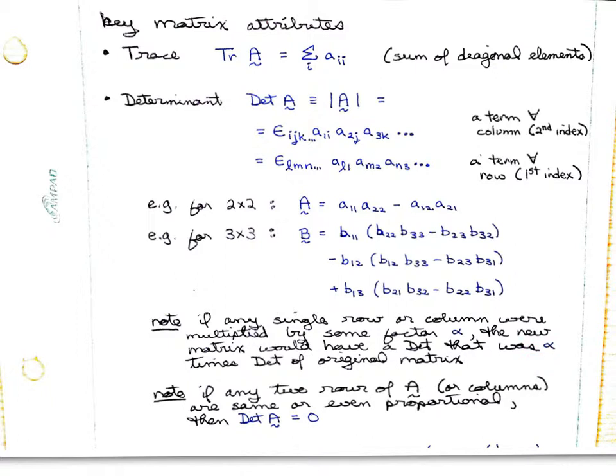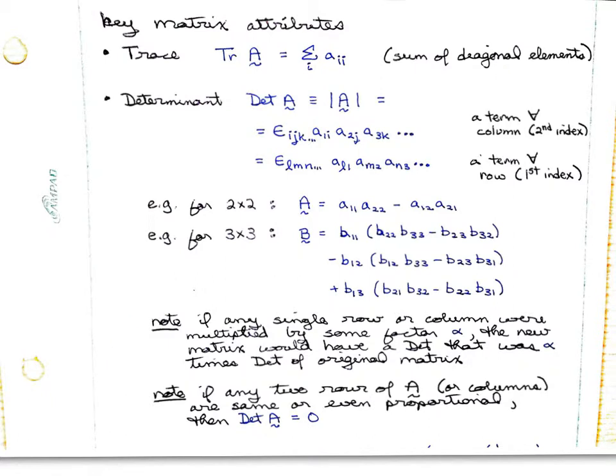And you can see that because in the epsilon, you would be multiplying one of these a's by alpha, but only one of them in each term would pick up a factor of alpha. Since every term in the sum picked up one factor of alpha, the whole answer would be bigger by a factor of alpha. That turns out to be useful in doing certain proofs.